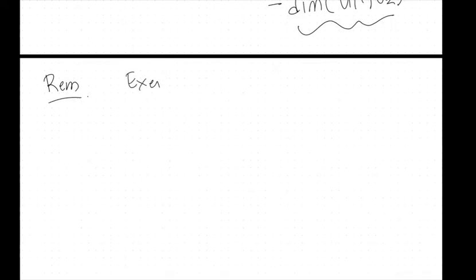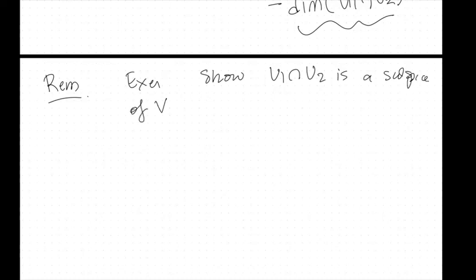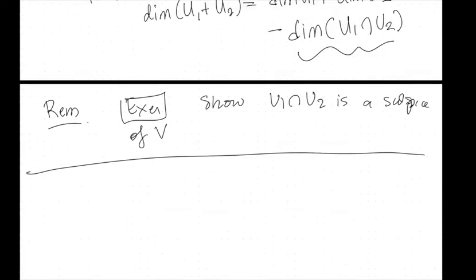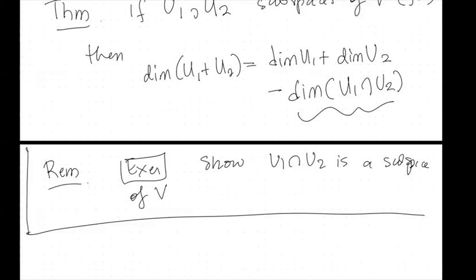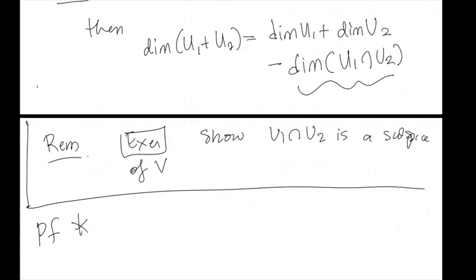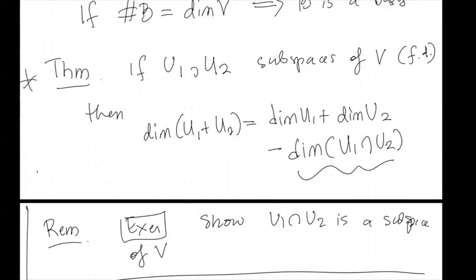It is an exercise to show that U1 intersection U2 is a subspace of V. This is part of the take-home exercise. Now, let us prove this theorem star here.